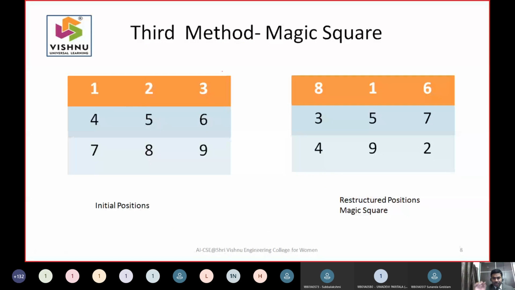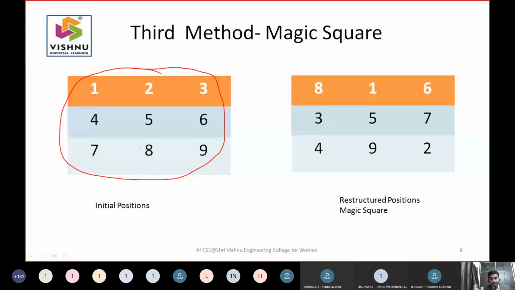Just see here, we have a magic square. This is the traditional way that we have done till now. The first two approaches used this methodology, 1, 2, 3, 4, 5, 6, 7, 8, 9.